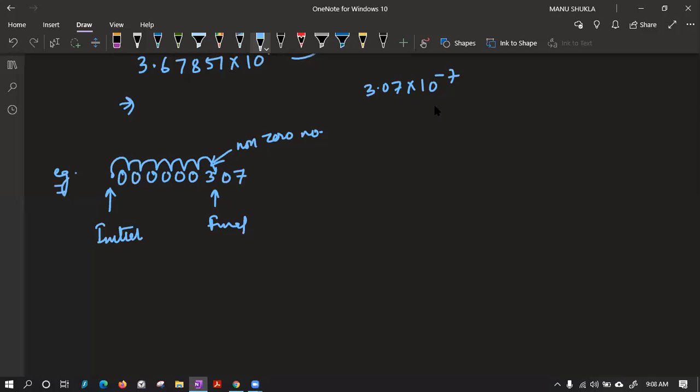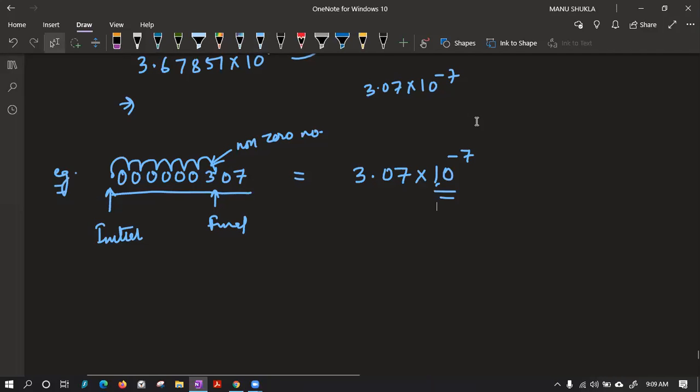So we have taken 7 jumps to the right, and we all know whenever we take the jumps to the right, we put the power of 10 as, class, please help, minus. Yes, so it is minus 7. One more thing you can understand: this is a very small number, and that is why the power should be negative. If the number is very large, only then the power should be positive.